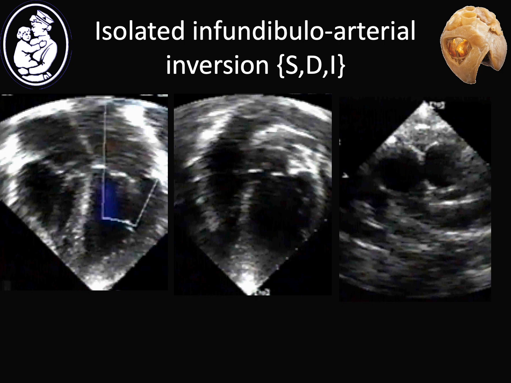The panel on the right is a parasternal short axis view. We see the aorta here to the left and the pulmonary trunk to the right. In this case, the pulmonary bifurcation is also seen here to the right.